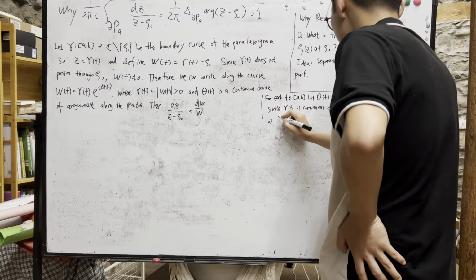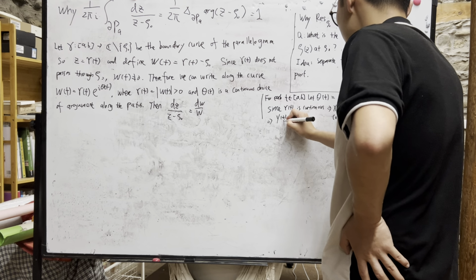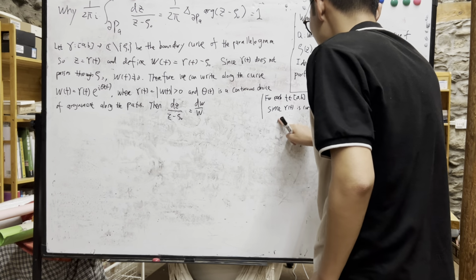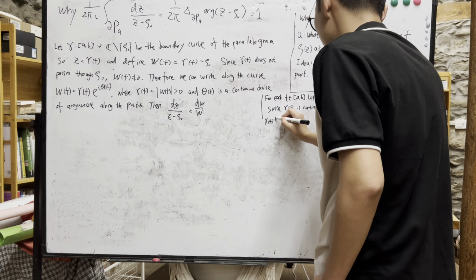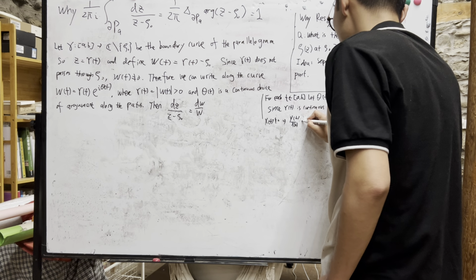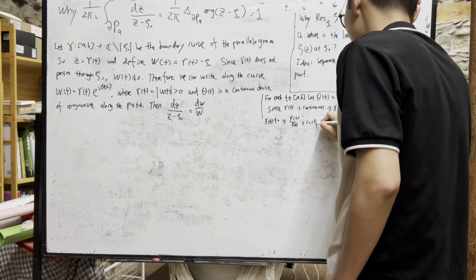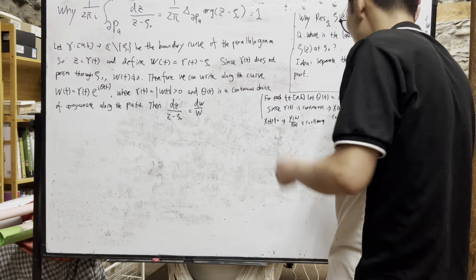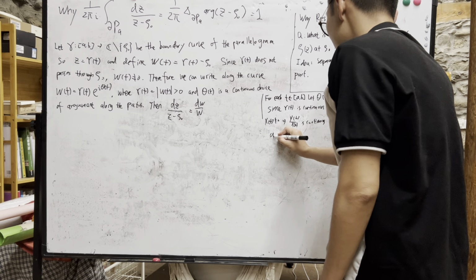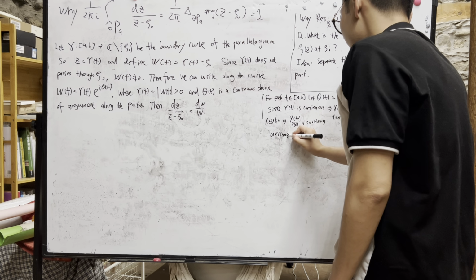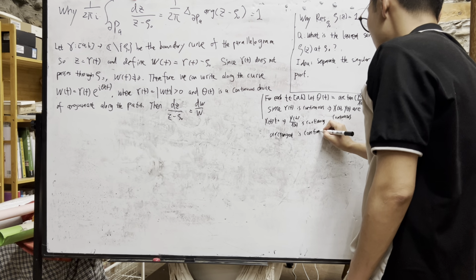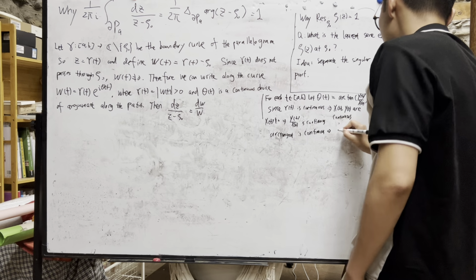This implies that, since xt is not equal to 0, yt over xt is continuous. Then arctangent is continuous, which implies that theta t is continuous.